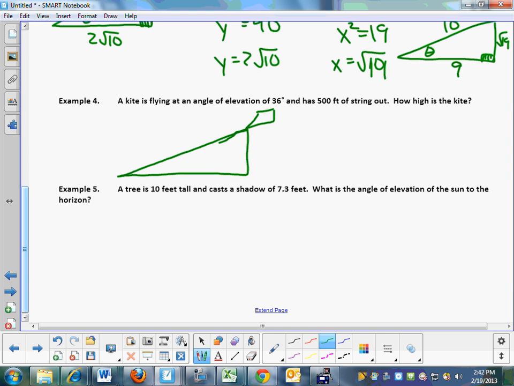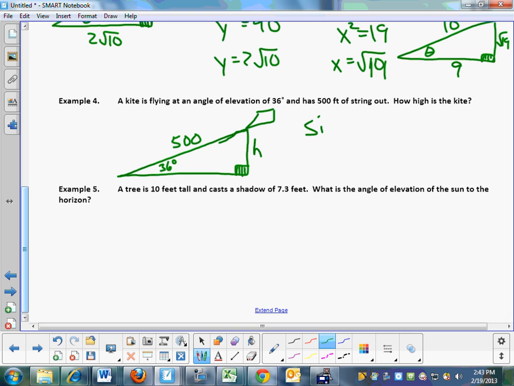So it says it's flying at an angle of elevation, so from the ground up, is 36 degrees. 500 feet of string is let out. Is that 500 going to be the opposite, the adjacent, or the hypotenuse? Very good. I'm wondering how high it is. Is that going to be the opposite or the adjacent? Opposite. Called H for height. Sine, cosine, tangent.